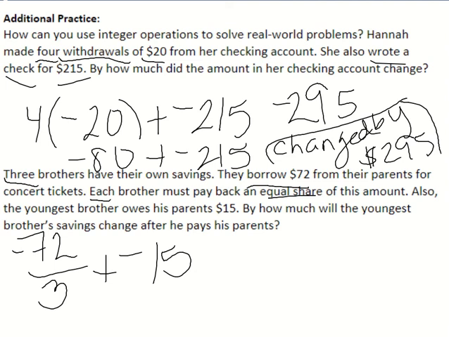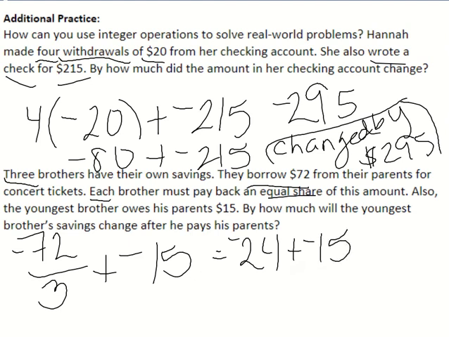So we should have first divided. So 3 goes into 7 2 times. I'm going to go like this, separate it 2 times. 1 left over, so 4, right, 12. And we need to leave it negative because it's a negative divided by a positive. And then he still owes that $15.